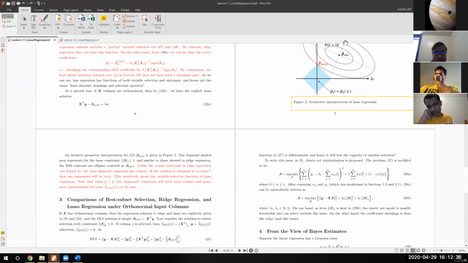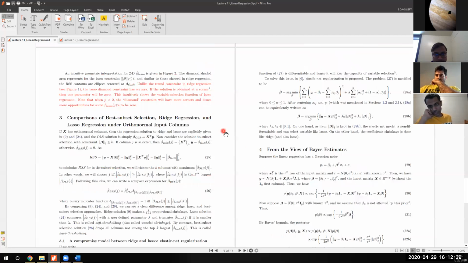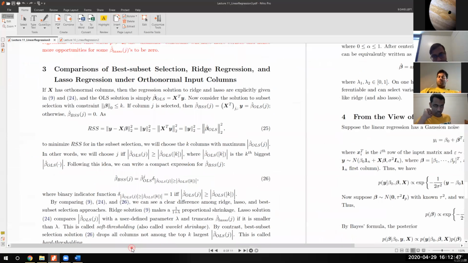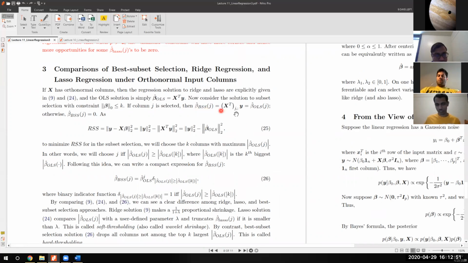Now let's have a look. What does the best subset selection look like? First of all, we write it in this way. Let me make it bigger to make it more clear. Sorry, I made a mistake.